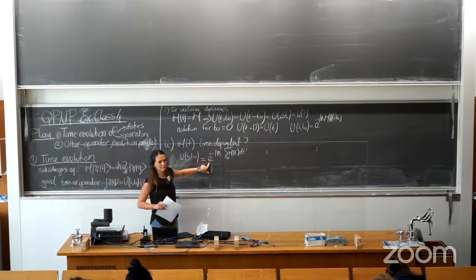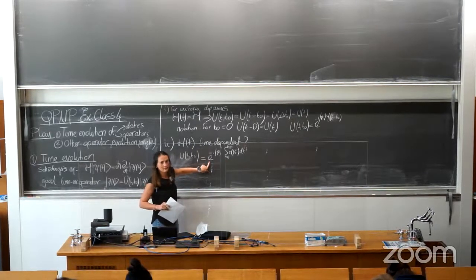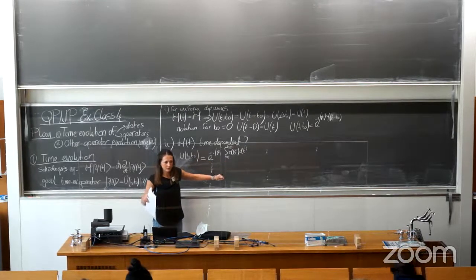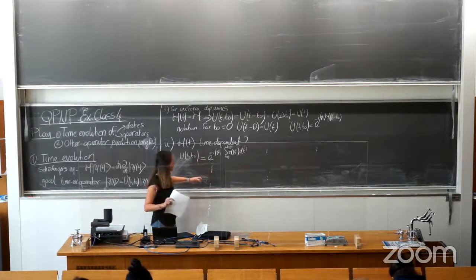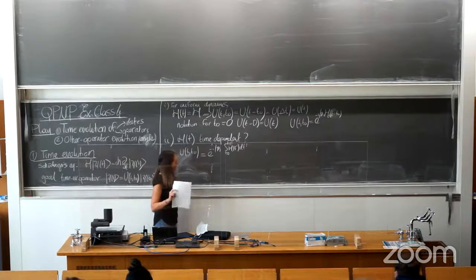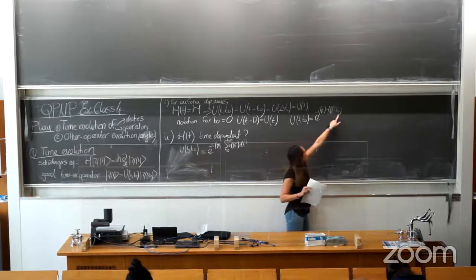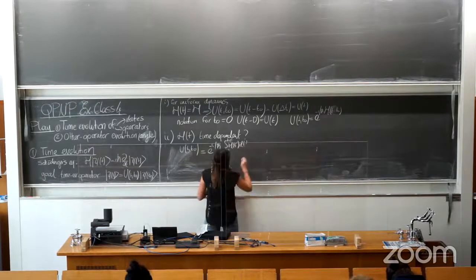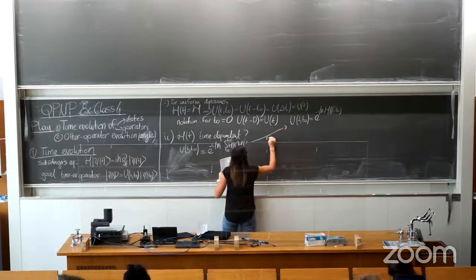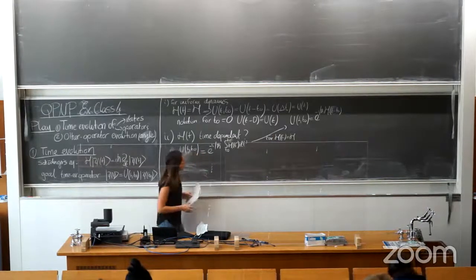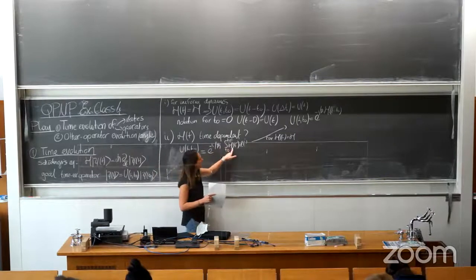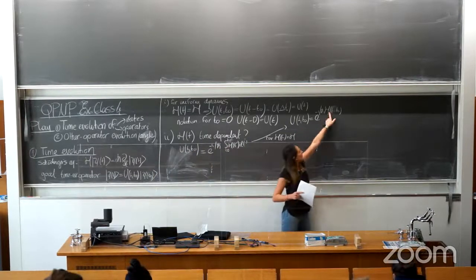I think this case we will never see in the lecture or in the exercise. It's just to show the difference. For a time-independent h, this integral reduces to this product. Yes?